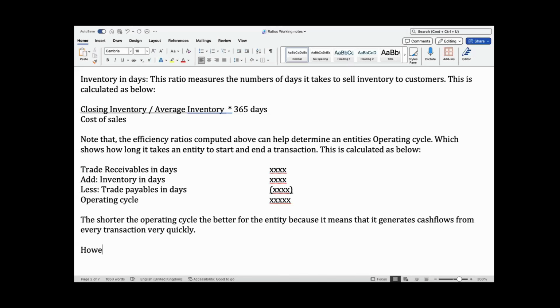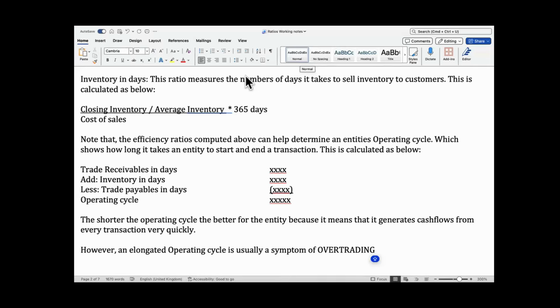However, an elongated operating cycle is usually a symptom of overtrading. So when you see a company that has an elongated operating cycle, that company is overtrading.